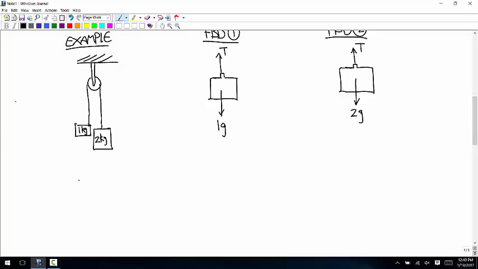The next type is frictionless contact. That's a pushing force.